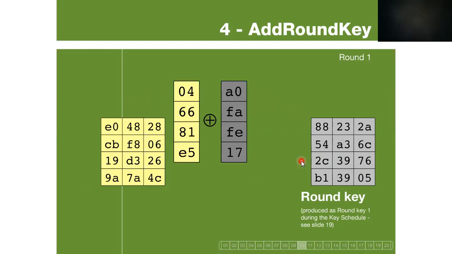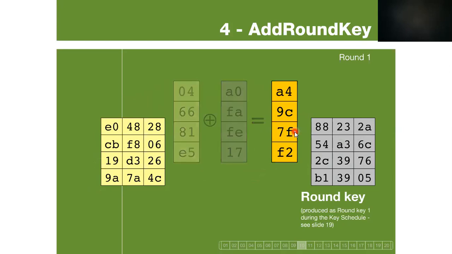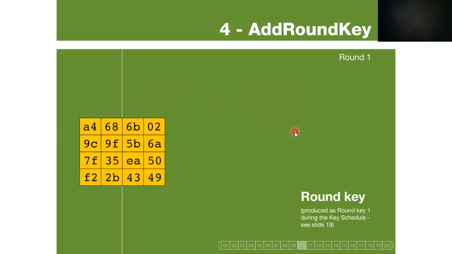This is the fourth transformation. I just take the first column, and the first column of the round 1 key, and XOR them, and I get this one. Similarly I perform this for all the column vectors of the output of the mix column operation.